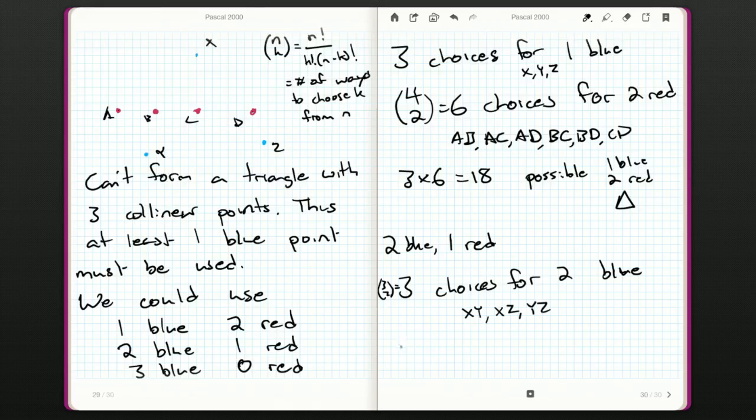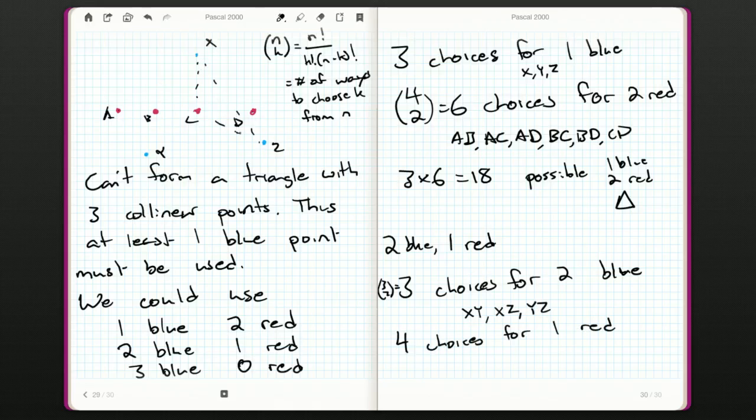And we have 4 choices for the one red vertex that we're going to choose. The one amongst these 4 red that we're going to choose. So we could take X and Z and C, and we could form a triangle that way. Because we're asked how many different triangles we can form here.